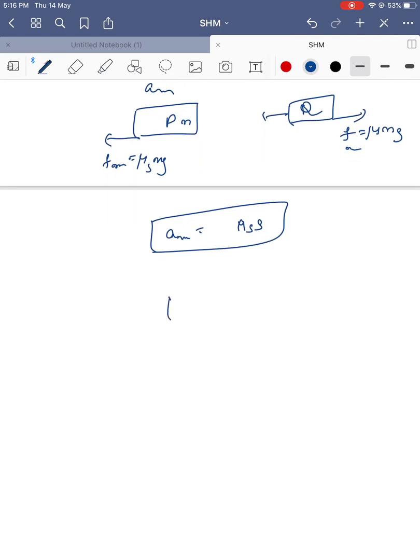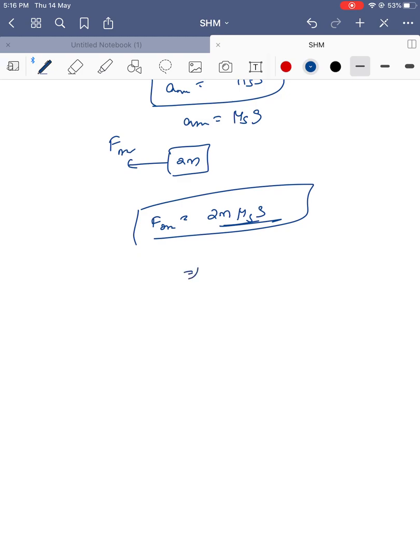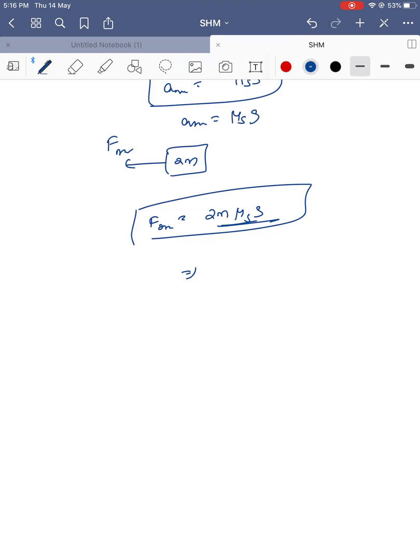Both the blocks can move with acceleration A max, which is mu s into g, and the maximum force that can be applied on the upper block, with total mass 2m, F max is equal to 2m into mu s into g. Here m into mu s into g is nothing but the friction force.